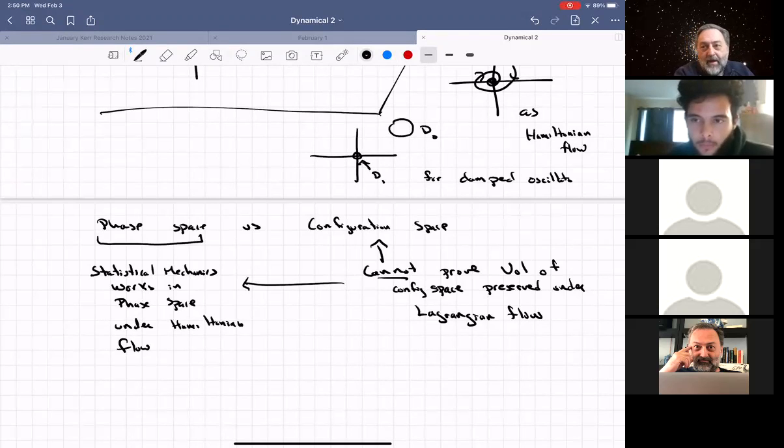So why would I care about an ensemble of phase space conditions? The air in my room right now is one point in phase space.